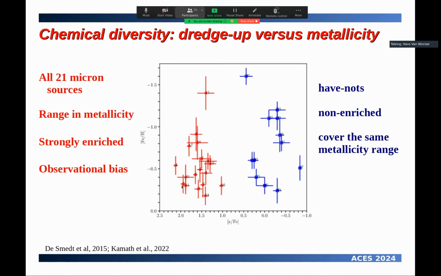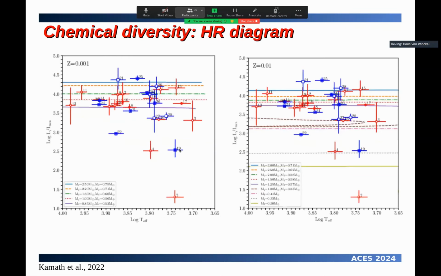So the red one is the S-process overabundant objects. The blue ones are the S-process non-enriched objects. You see there is a gap, of course, between, but there is no link with metallicity whatsoever, which is a bit contradicting to the stellar evolution theory.